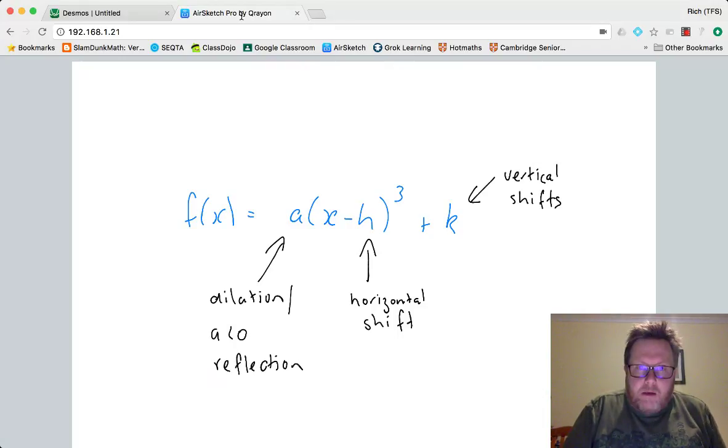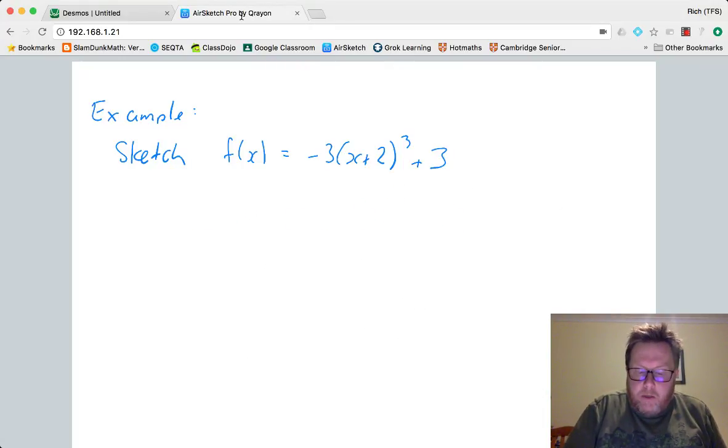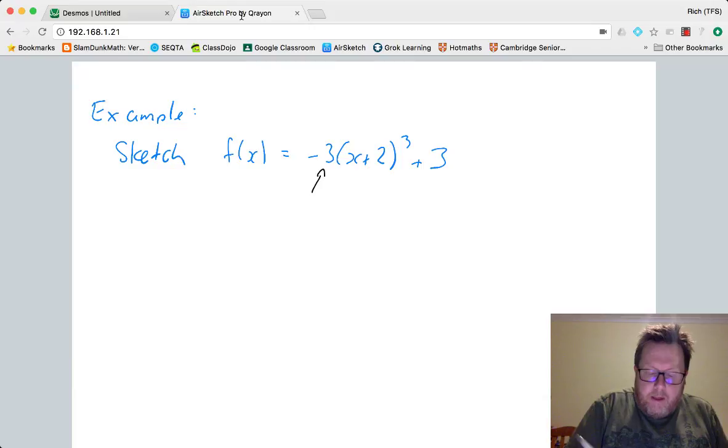So we have a look at an example so you can sort of see that in action. How about this one? Sketch f of x equals -3 times (x plus 2) cubed plus 3. Let's think about it in terms of those transformations to start with. We have the -3 there. So that -3, what does it do? Well, first of all, the fact that it's 3 will mean that it stretches. Or does it?